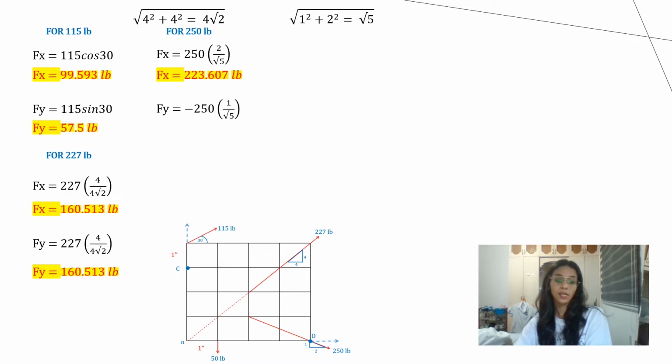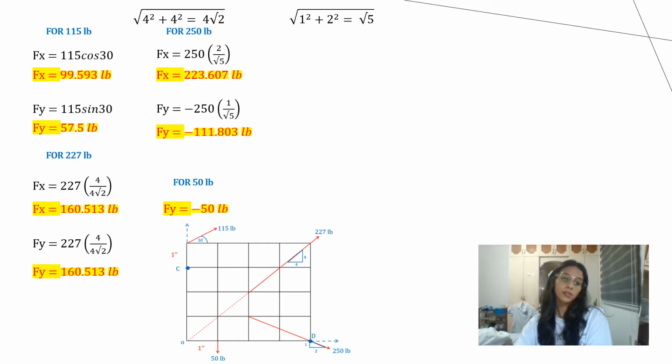So negative 250 times 1 over square root of 5, so our Fy is negative 111.803 pounds.